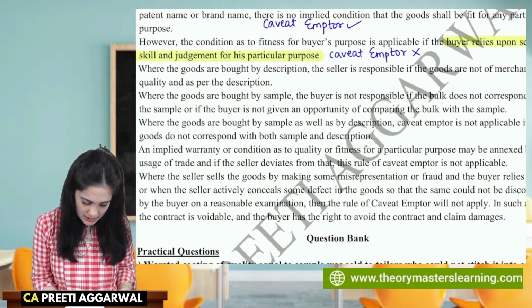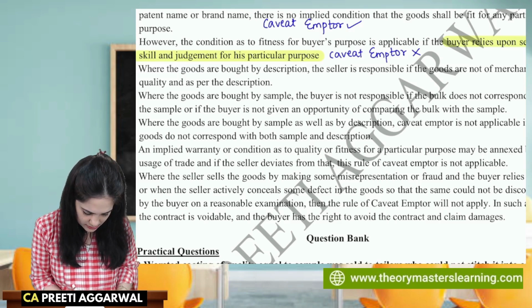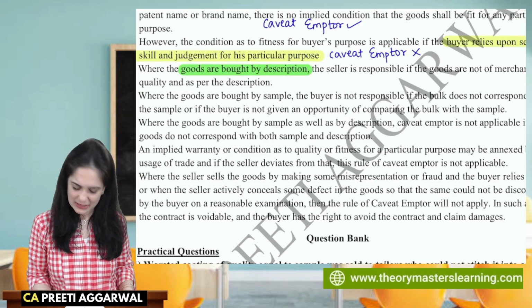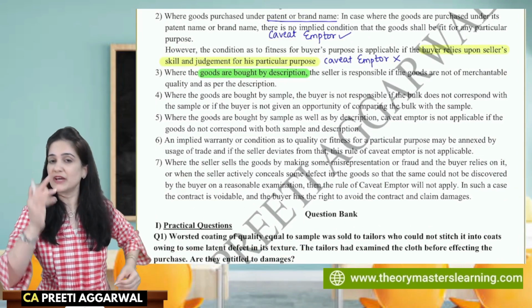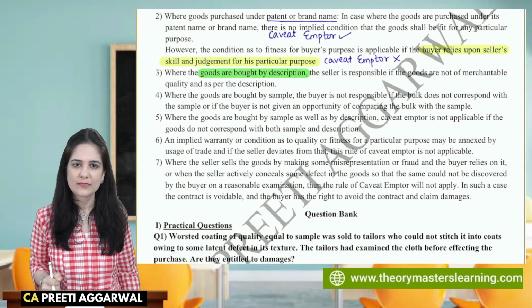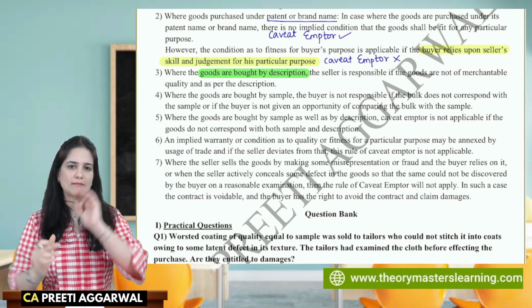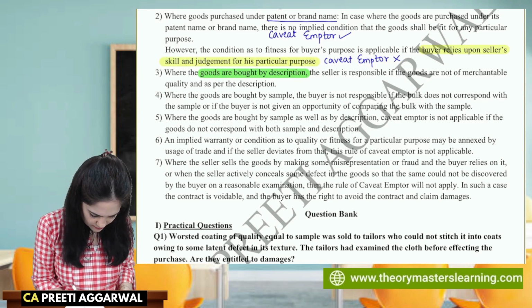What if the goods are bought by description? I'll just highlight this. Goods are bought by description. Then what is the implied condition? The goods shall correspond with the description. What if they are not as per the description? Then can we blame the buyer for it? You bought goods from Amazon. Let's say, take the example of Amazon.